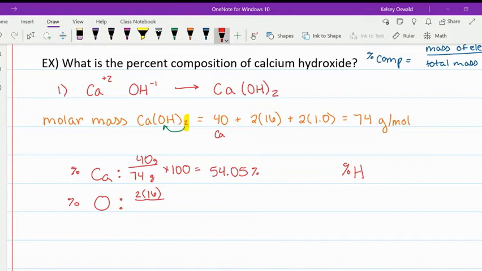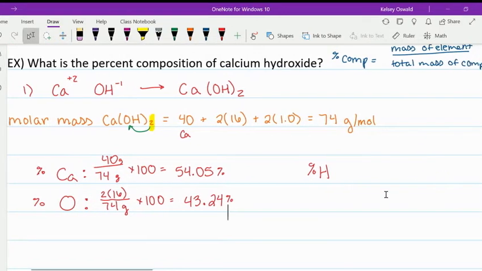And then, of course, we need to divide that by our whole mass, or the total mass. Since we're working with percents, we multiply by 100, and we found out of our total mass, oxygen contributes 43.24%.